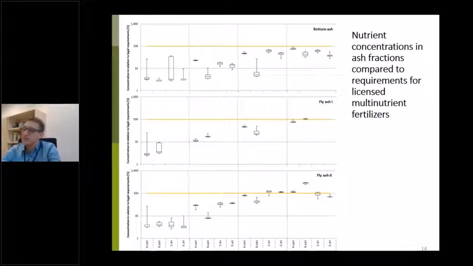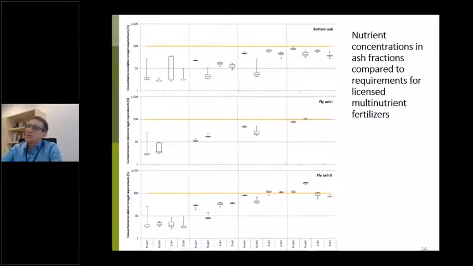It's not condensing, absorbing, whatever. So the nitrogen concentrations in ashes are expectedly low, but there are also phosphorus, sodium, and calcium concentrations which are also below those regions where it would be officially called a fertilizer.